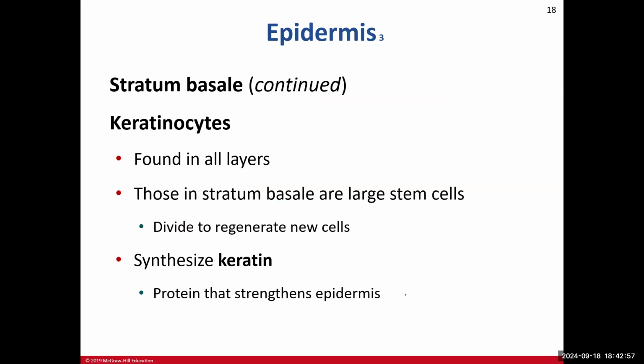Okay, so let's go into detail here. Our keratinocytes, the most abundant cell. These are the ones that are constantly dividing, 1 stays and 1 goes, but ultimately it's going to make this protein, and that protein is going to make the epidermis stronger.